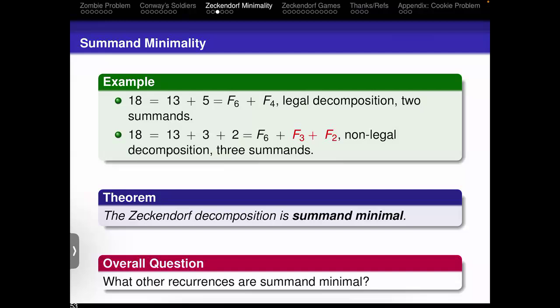So if I give you 16, how can you decompose 16 as a sum of Fibonaccis? 13 plus 3, or you could do it as 8 plus 8. And 8 plus 8 would not be a Zeckendorf decomposition. So I'm not saying the Zeckendorf decomposition has fewer summands than anything. I'm just saying nothing has fewer summands than the Zeckendorf. And you can prove that the Zeckendorf decomposition is summand minimal.